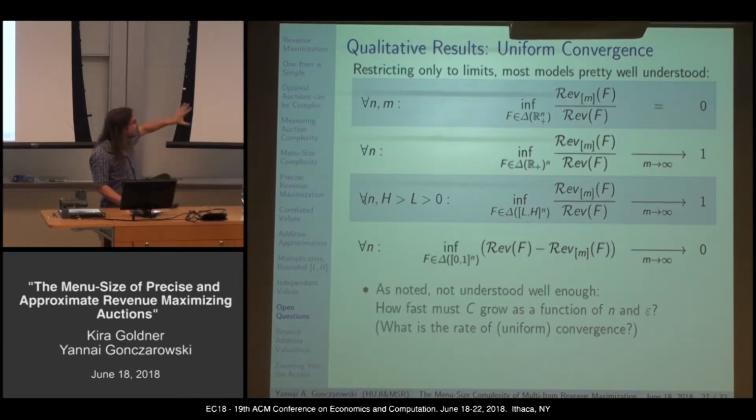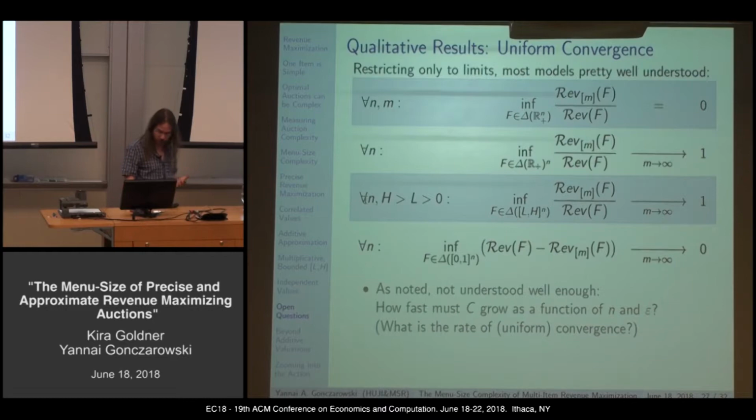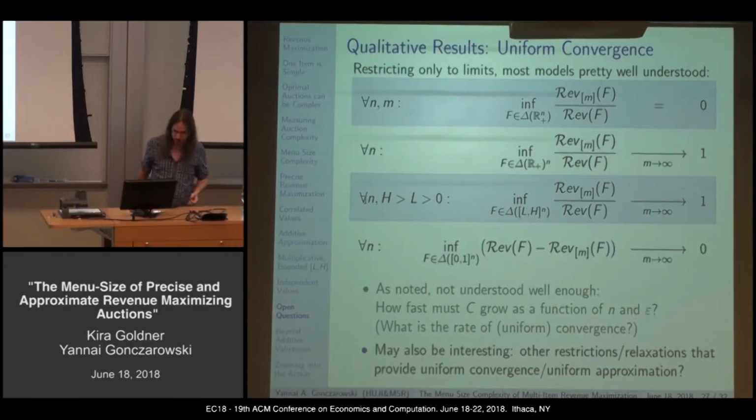So when you look at this and you don't ask what's the rate of convergence that you have here, but only whether you have convergence to 1 or not, then things are fairly well understood. Once again, we don't have good enough understanding of the rate of convergence. That's the 99% revenue question.